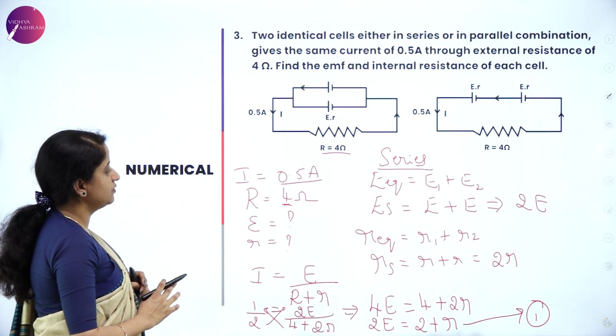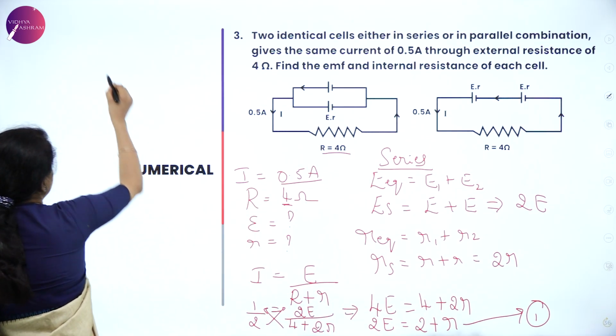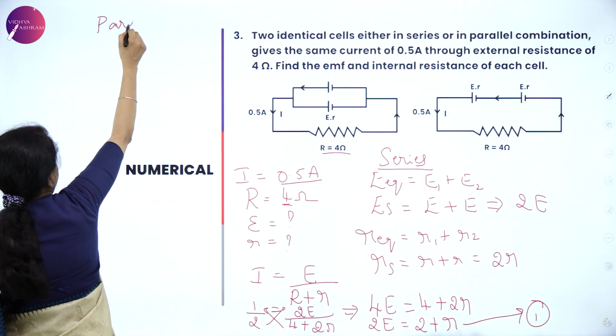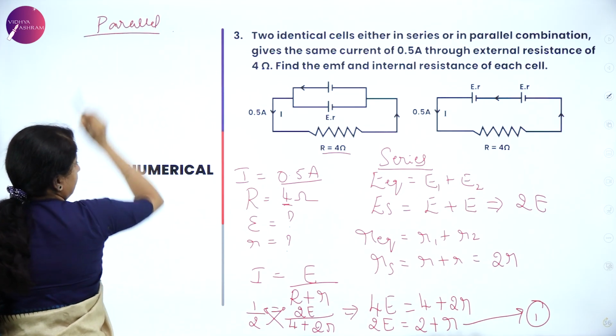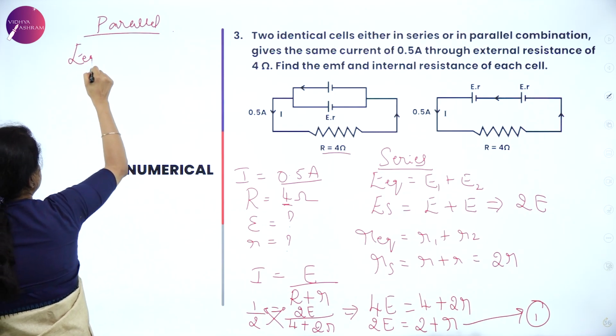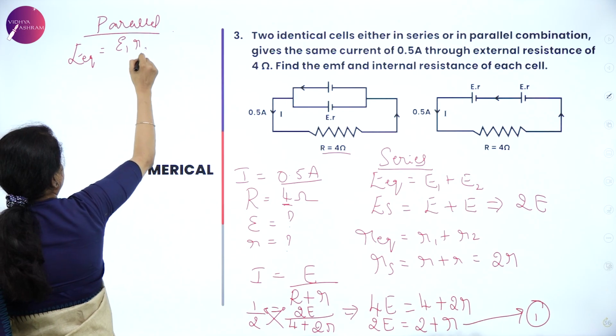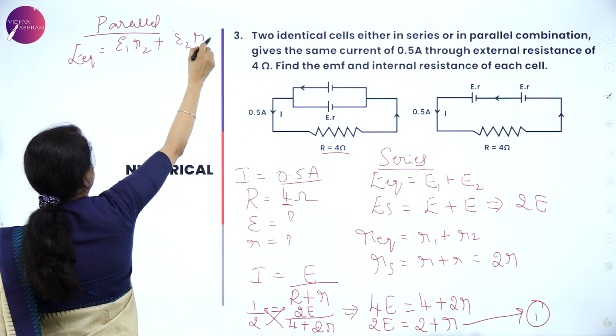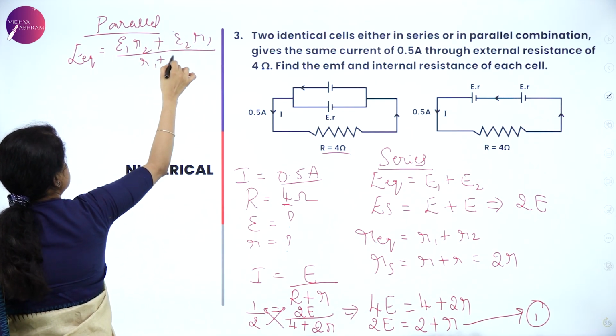Let us now try this out for parallel combination. What is the formula for equivalent EMF? E equivalent is equal to E1 r2 plus E2 r1 divided by r1 plus r2.